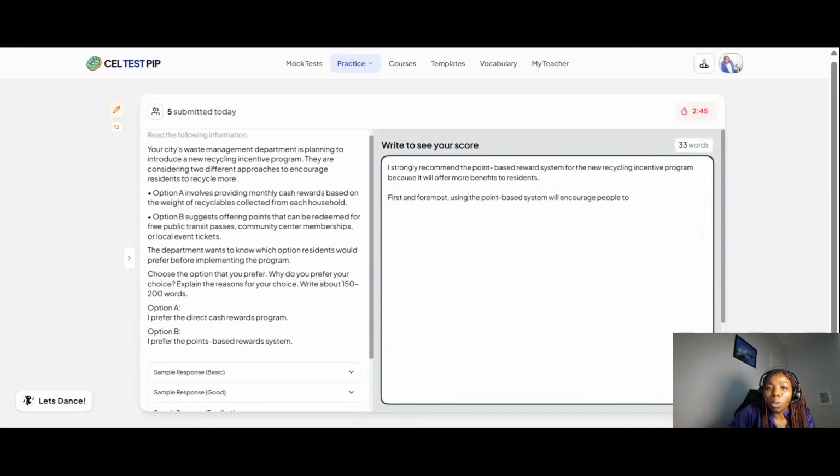First and foremost, using the point system will encourage people to live a healthier lifestyle. It offers a healthier and environmentally friendly lifestyle.